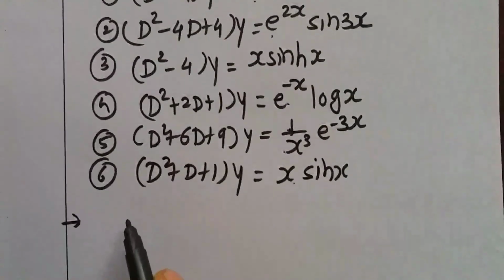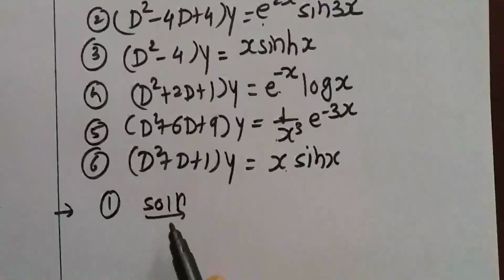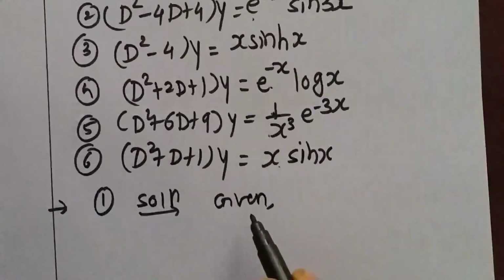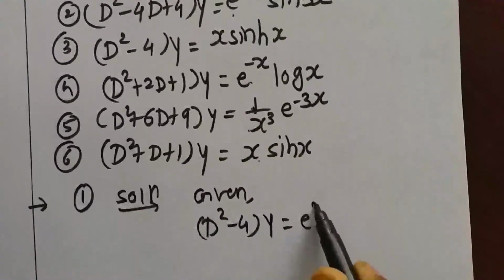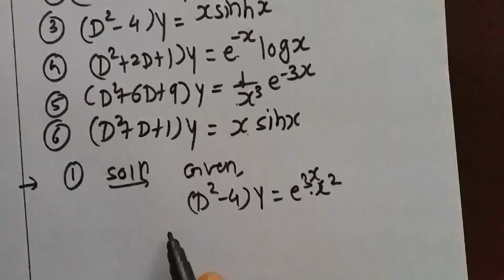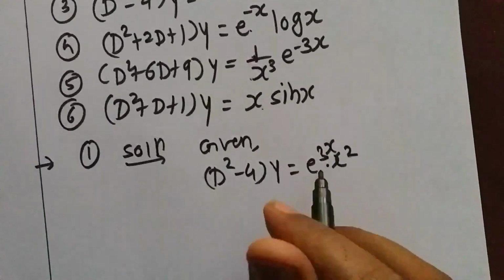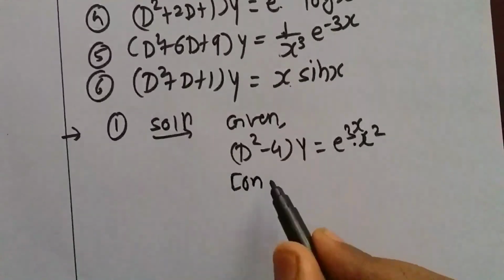The very first example I will solve. Example number 1, solution. The given differential equation is (D square minus 4) y equal to e raised to 3x into x square. Okay, so first, for calculating its general solution, we have to calculate the complementary function. So consider the auxiliary equation.